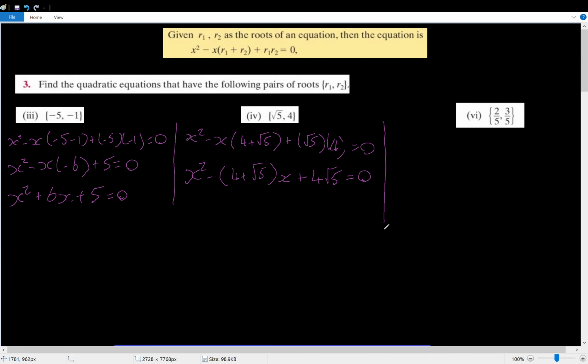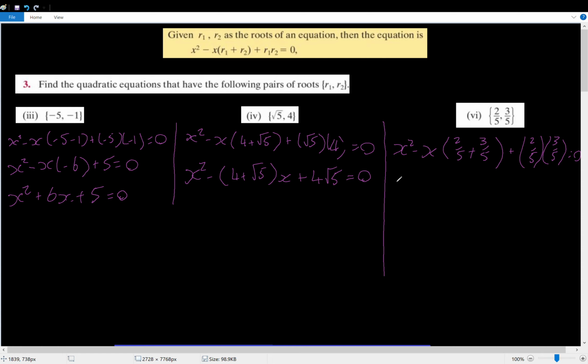And now for part 6, we've got fractions, but we're still going to be following the exact same procedure. So it's going to be x squared minus x times (2/5 plus 3/5) plus 2/5 times 3/5 is equal to 0.